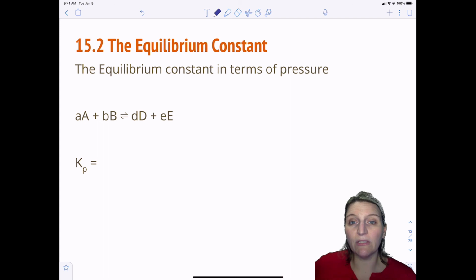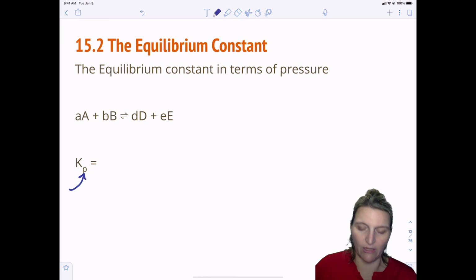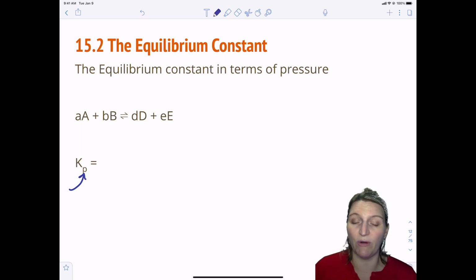The equilibrium constant in terms of pressure. Remember, it's easier for us to measure aqueous solutions in concentration, but with gases, it's really hard to do concentration. It's much easier to do pressure. So we can do the same thing in terms of pressure. And so you can see the lowercase p down there standing for pressure. When we do that, we can't use brackets because brackets mean concentration in terms of molarity.